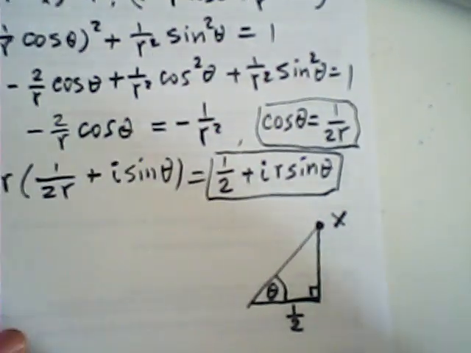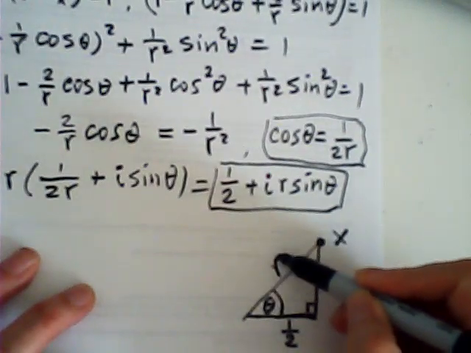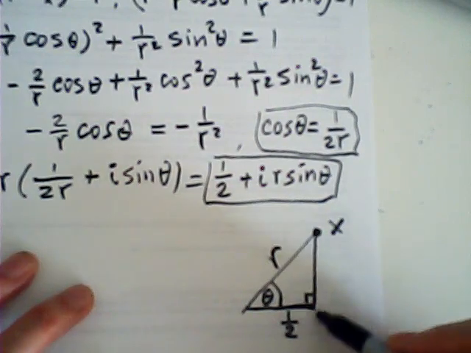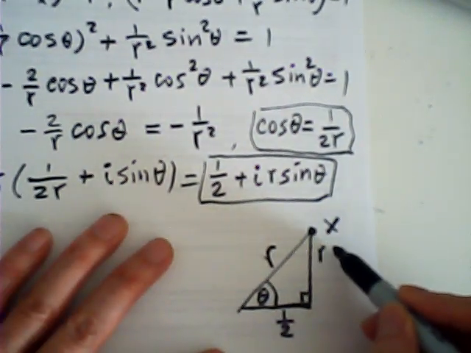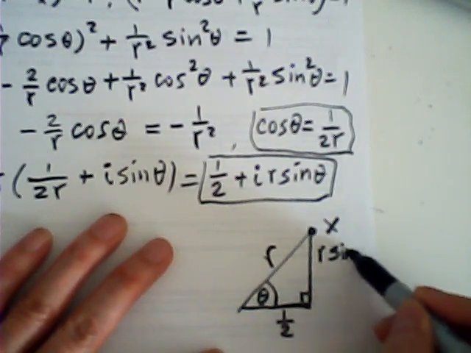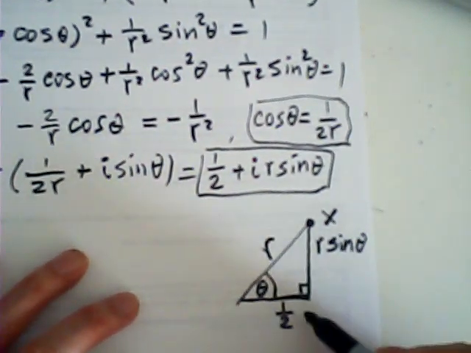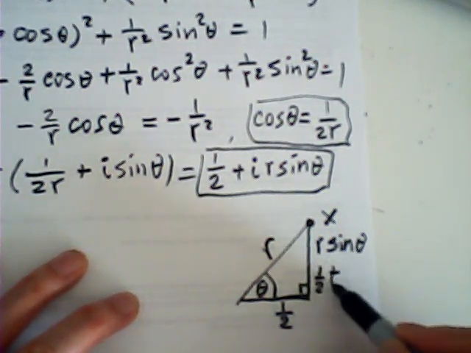Now this is r, right? This is the modulus for x. And this imaginary part is r times sine theta, but this is also equal to 1/2 times tangent theta.